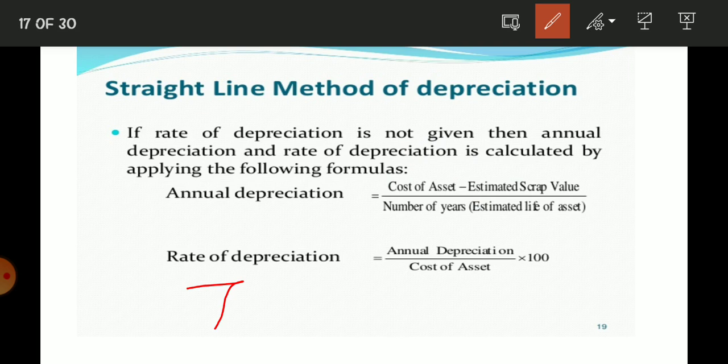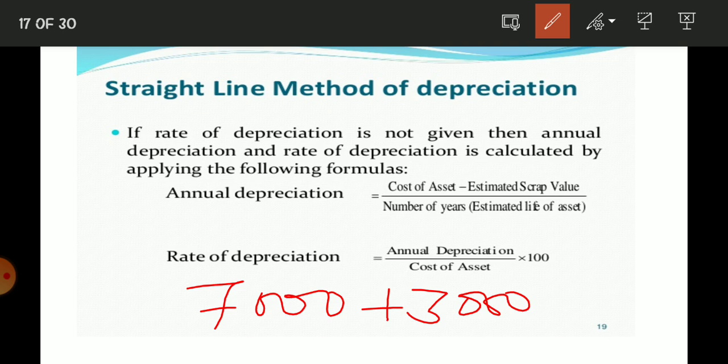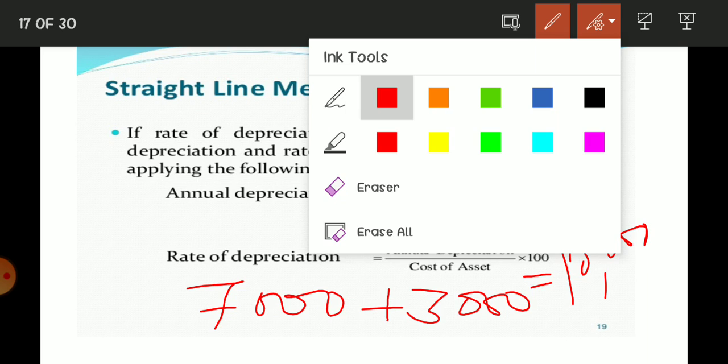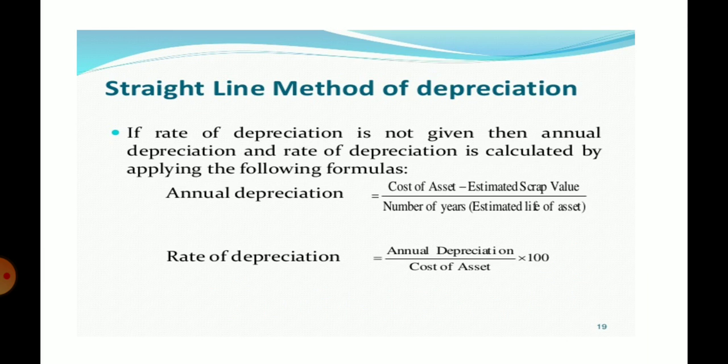Like you purchase machinery for 7,000 and you pay 3,000 as expense or carriage for the machinery. So, the total value of the machinery will be deemed as 10,000, right? So, this is the cost of the asset.